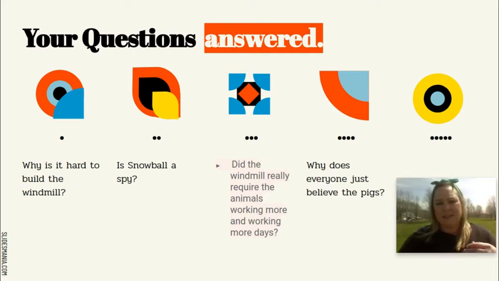The third question, did the windmill really require the animals working more and working more days? And it did, because they had to take time away from the harvest and the planting and the sowing and the tilling to dedicate time to building the windmill. And last, why does everyone just believe the pigs?